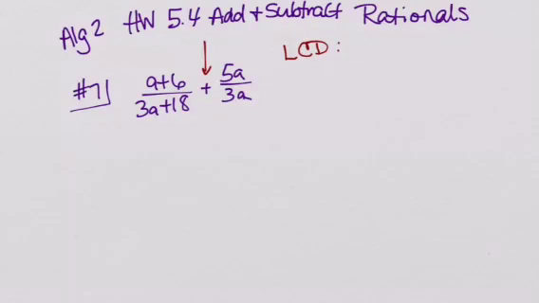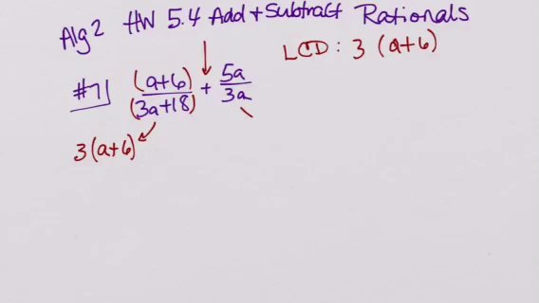If I look at this denominator right here, I can pull a 3 out, so everybody needs a 3, and that leaves me with a + 6. So everybody needs a 3, and everybody needs an a + 6 according to my first fraction. You have to have these two things in order to match me. This fraction says you just need a 3 and an a in order to match me.